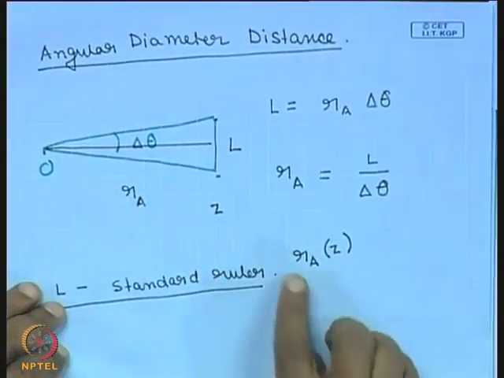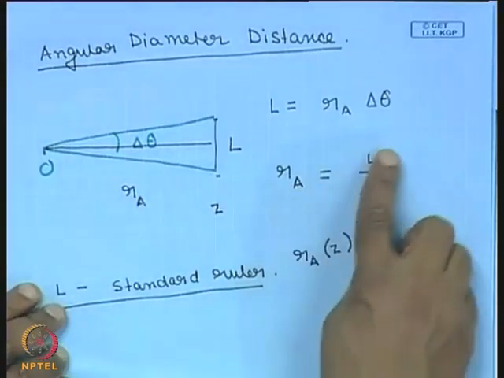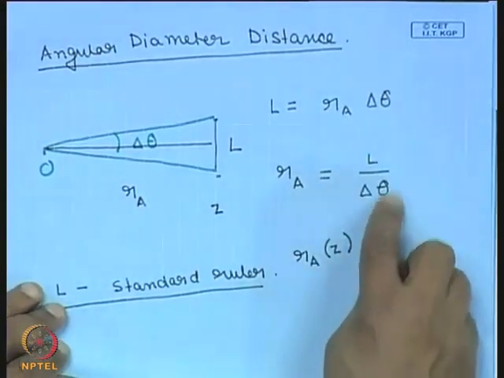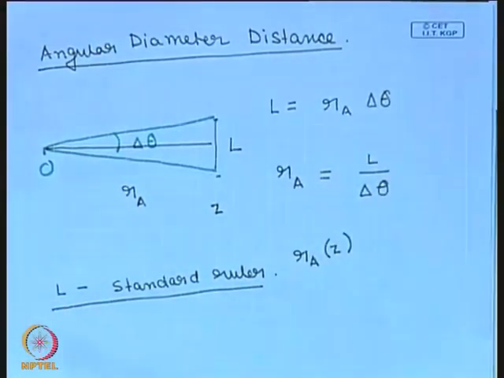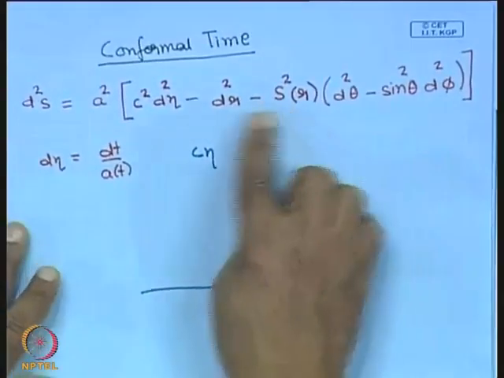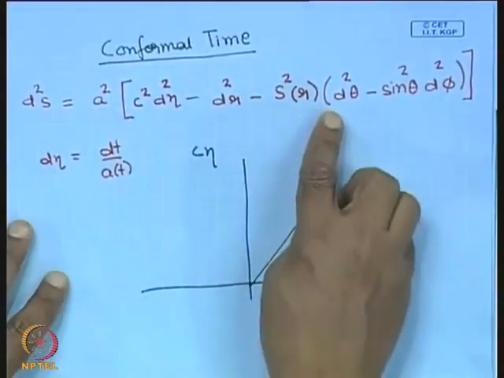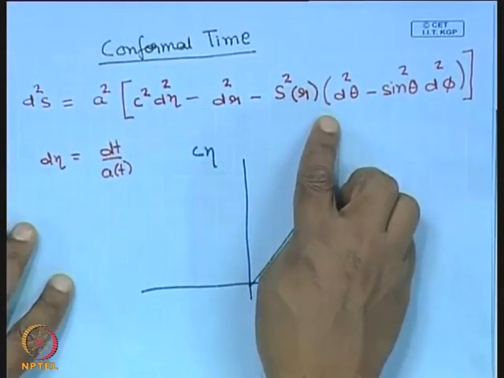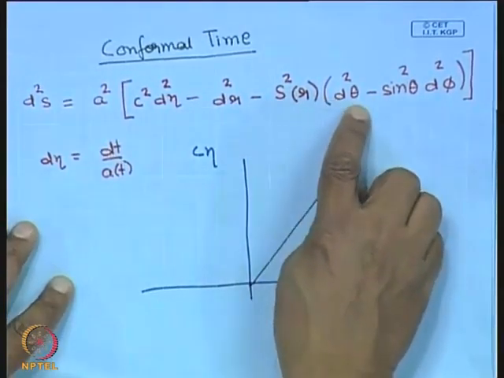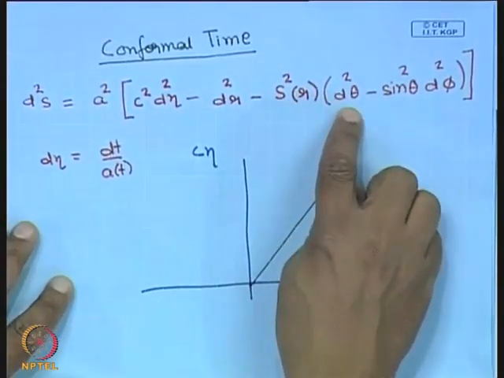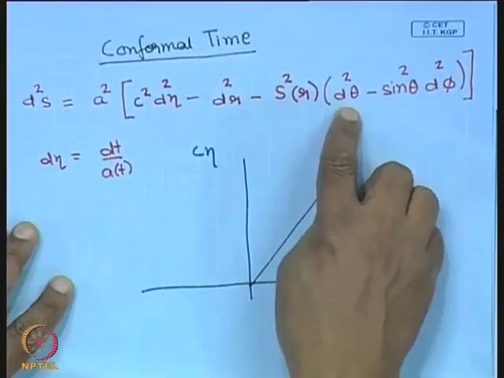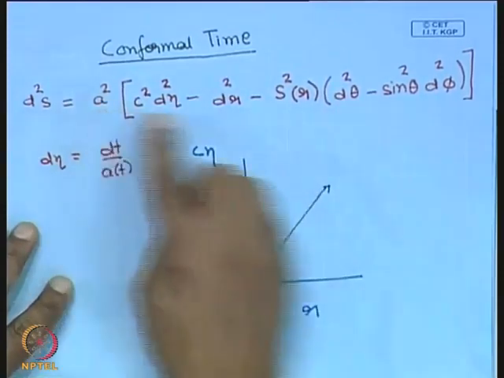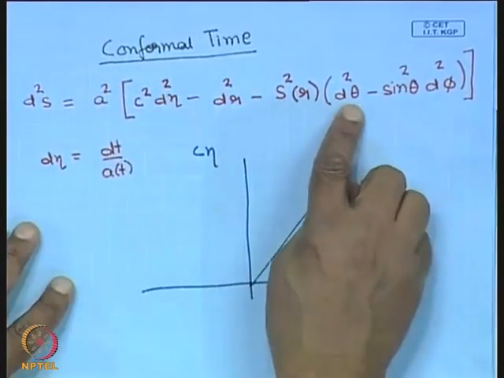We want to calculate the angular diameter distance, which is defined as L by delta theta. Now L, the physical distance, the proper distance corresponding to an angular separation delta theta, is A S delta theta.